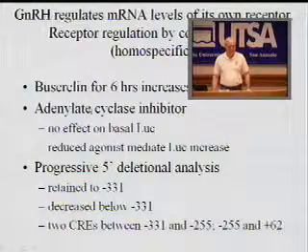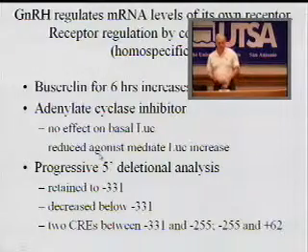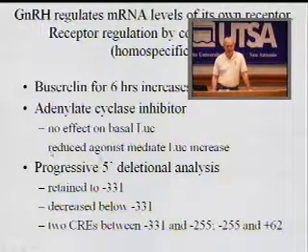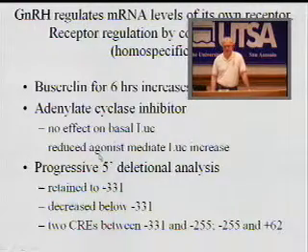So we're not only going straight to the adenylate cyclase and activating it, but we're also inhibiting it and showing that there's no effect on basal expression, but there is an effect on the receptor-mediated increase. It attenuates that or prevents that.